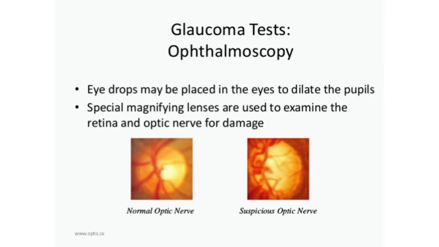You can see the left side picture is the normal optic nerve view, and in case of glaucoma, the right side picture, when the doctor sees this kind of suspicious optic nerve, then it may be a case of glaucoma.